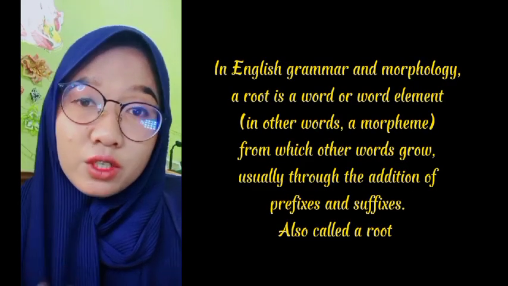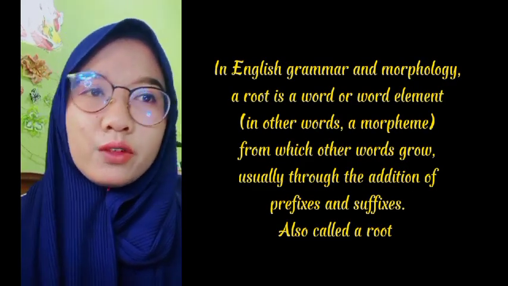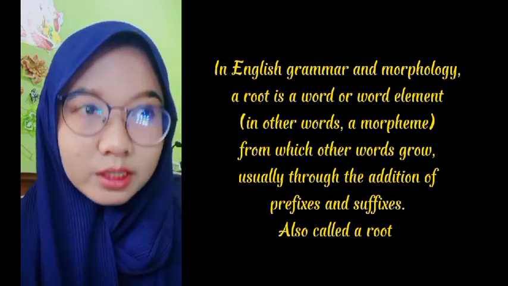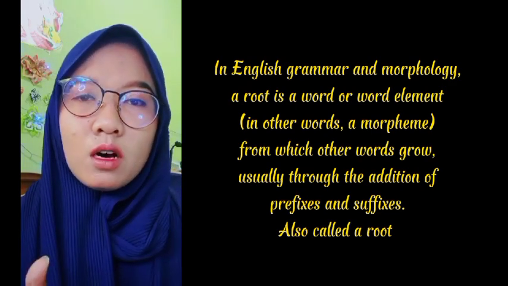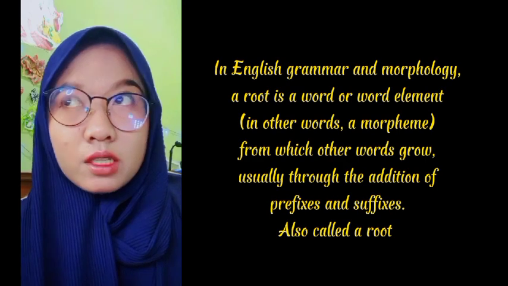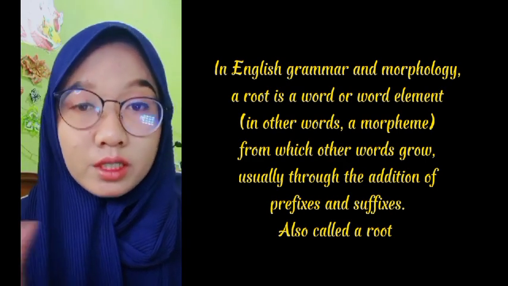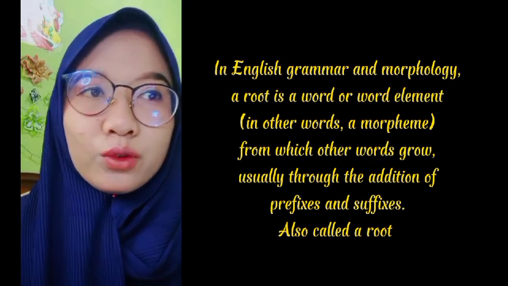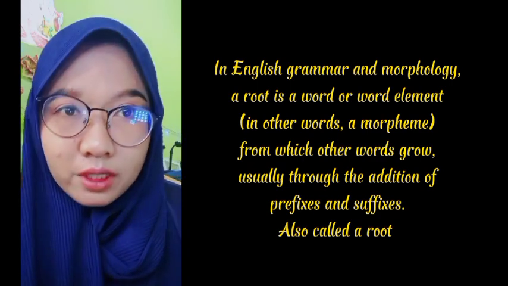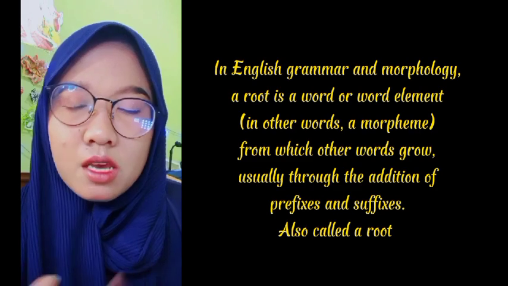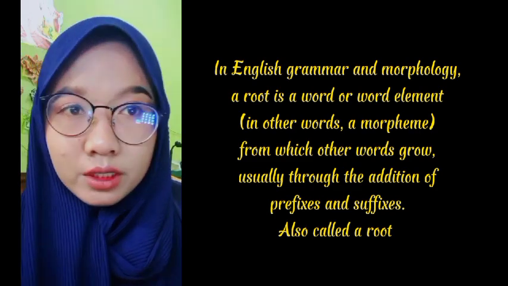What is a root? In English grammar and morphology, a root is a word or word element. In other words, it's a morpheme from which other words grow, usually through the addition of prefix and suffix. It's also called a root word.